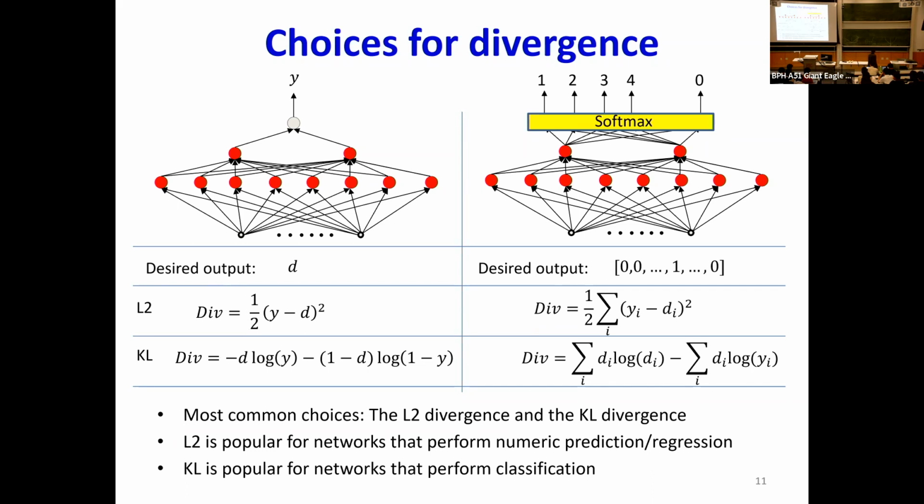So for the KL divergence, you had the behavior like this. If your target was 0, and this is Y, then the function would be something like that. This too has this nice property that it's very steep far away, and then it approaches the optimum very, very quickly.